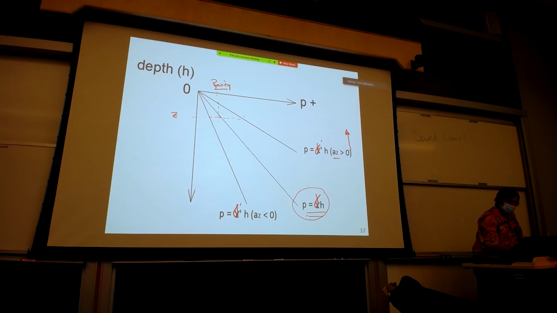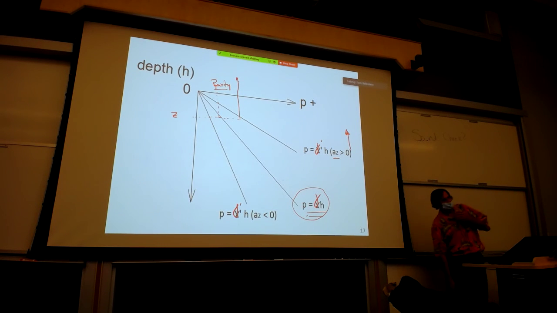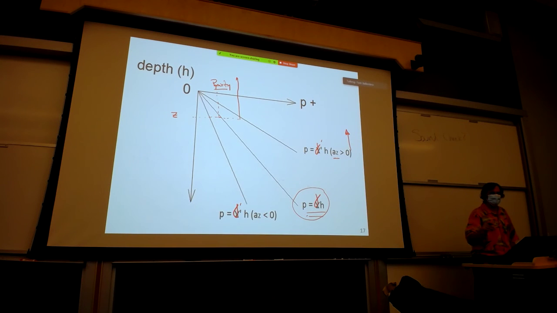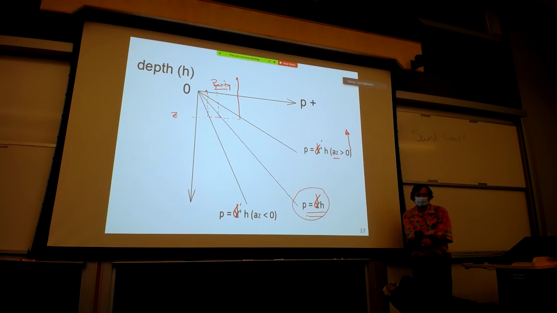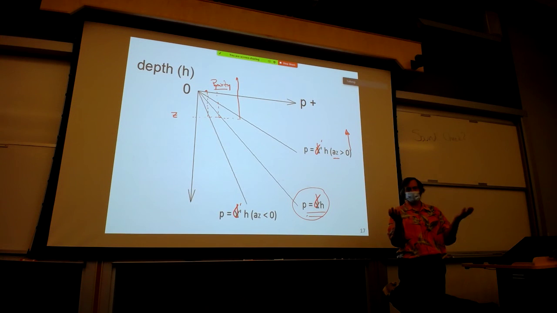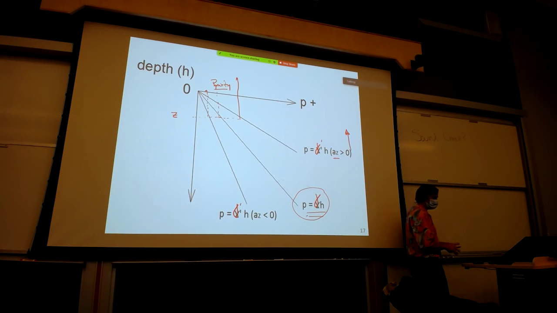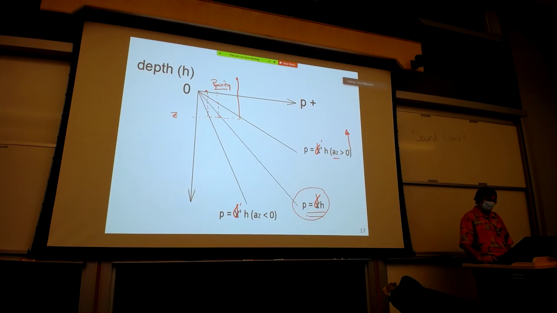If we had our vertical acceleration upwards, we would have a much higher pressure for that same elevation or distance below the free surface. And conversely, if we had a downward acceleration, we'd have much less pressure at the same location. So what the acceleration field effectively does is change the apparent specific weight. That's one way of looking at it, and that's what these equations are describing.